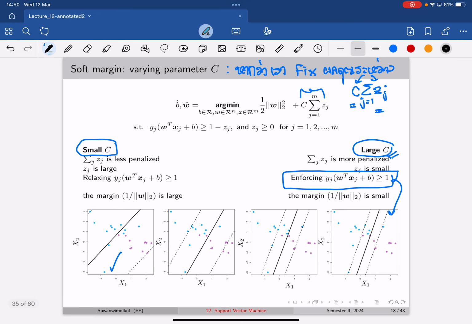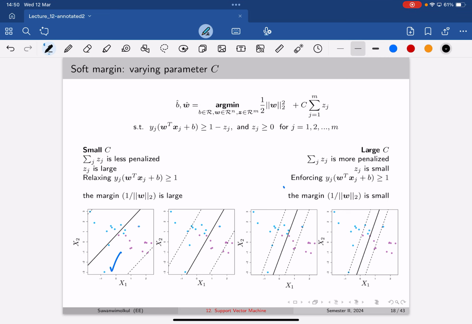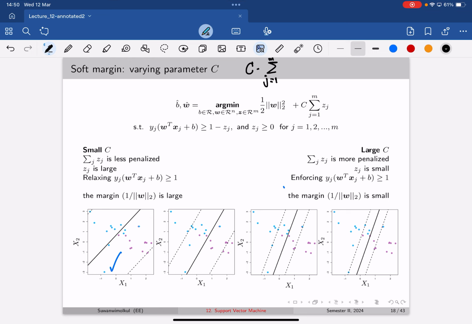Let's say we fix the value of C times the sum of ξj here to a value equal to P. If we increase C, that means we will reduce the sum of ξj. What would happen? That means we go back to restricting the boundary crossing.